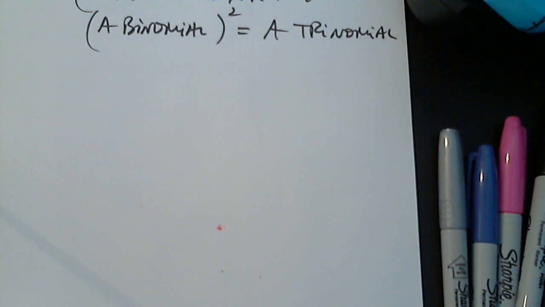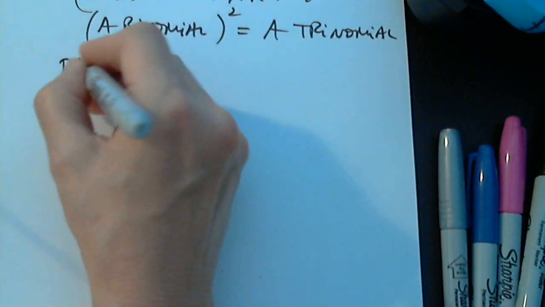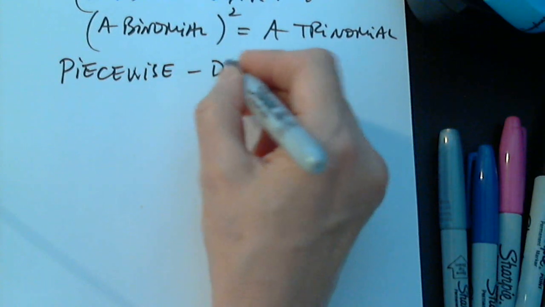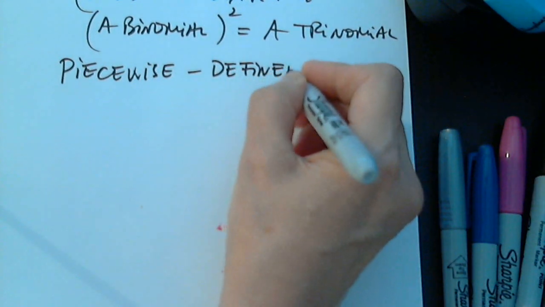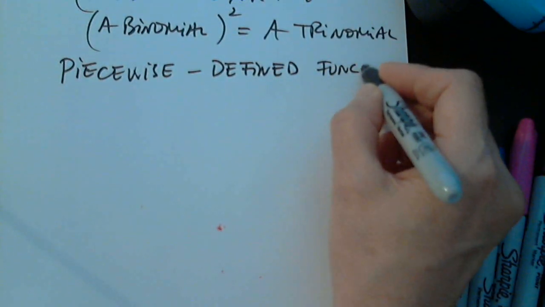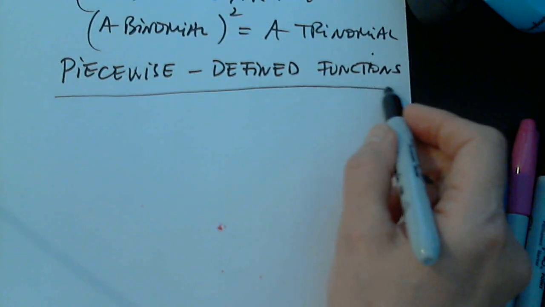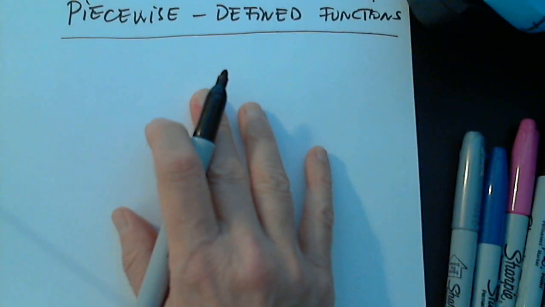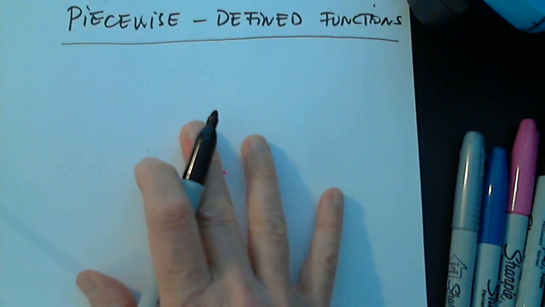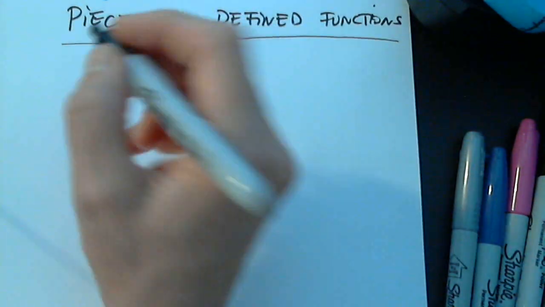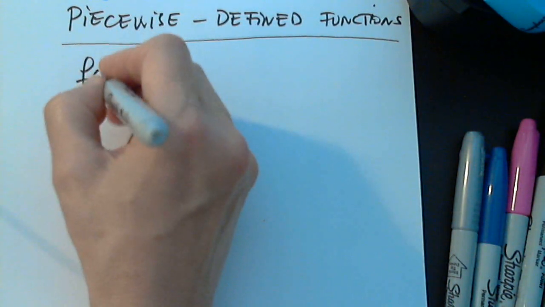There is a very important topic called piecewise defined functions. What is a piecewise defined function? I'm making stuff up right now as an example because I don't know the percentages. So here's a piecewise defined function, an example.